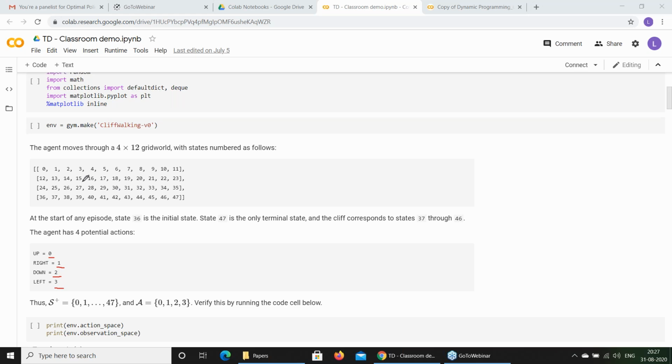There are 48 states, 0 onwards to 47, and 4 discrete actions in each case. So here we'll talk about policy evaluation, then SARSA, Q learning, and SARSA max, expected SARSA.